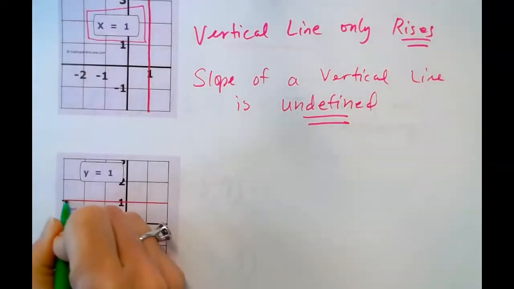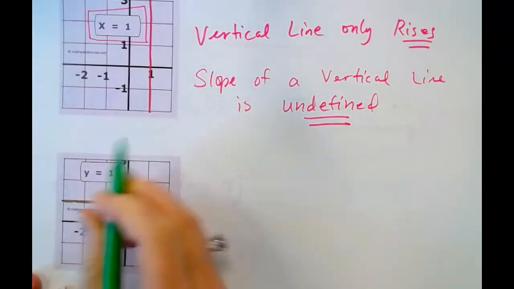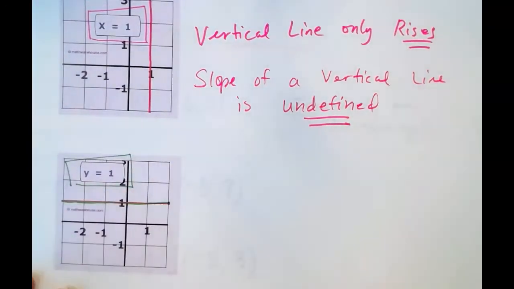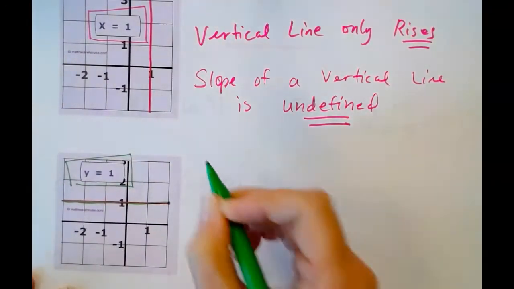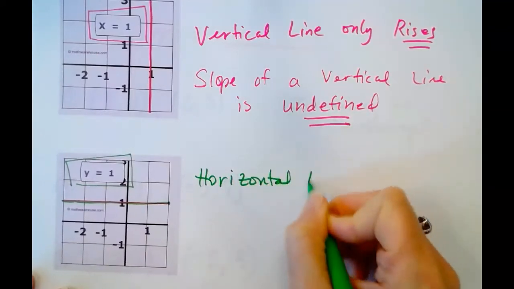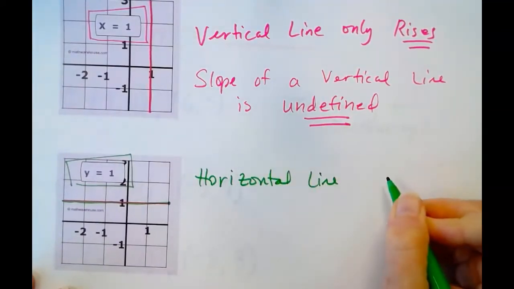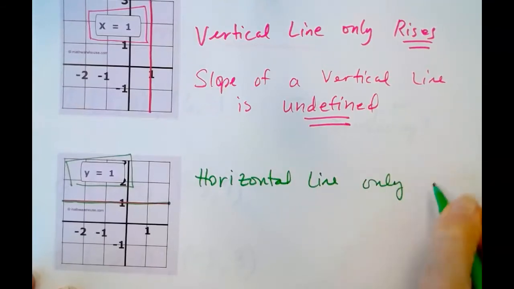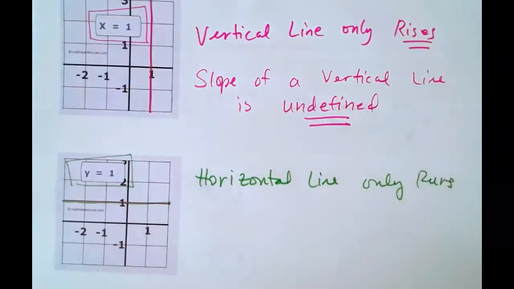Next, we have a horizontal line. This horizontal line has an equation of y equals 1. And the horizontal line only runs. It never rises. It only runs.